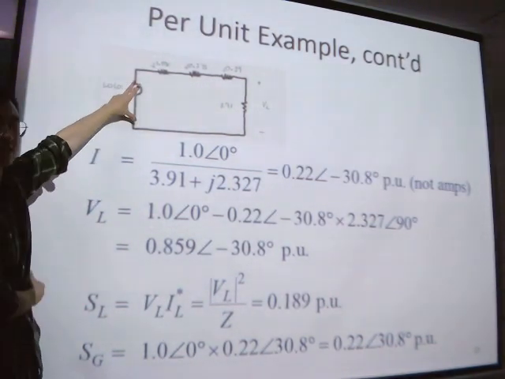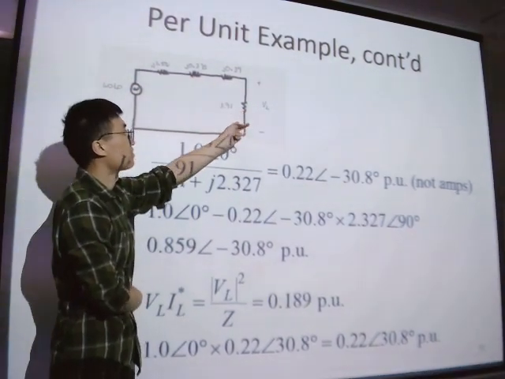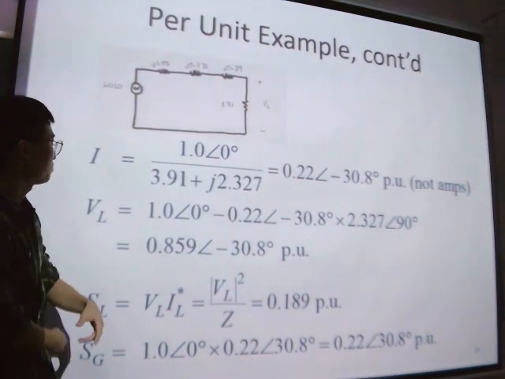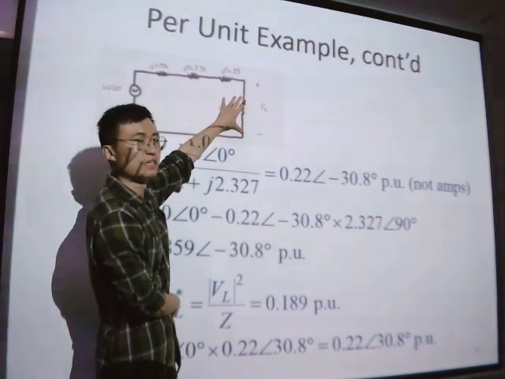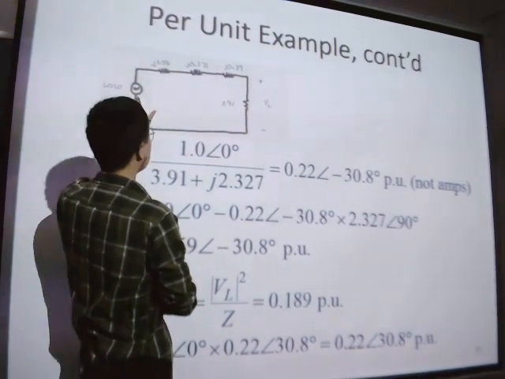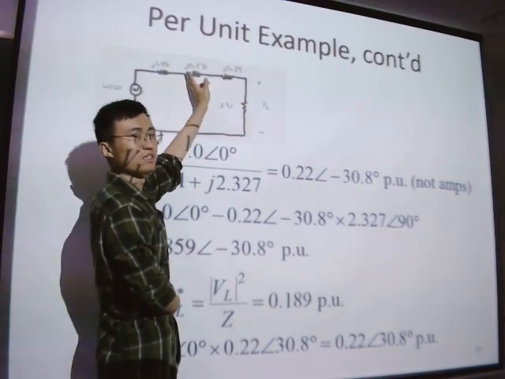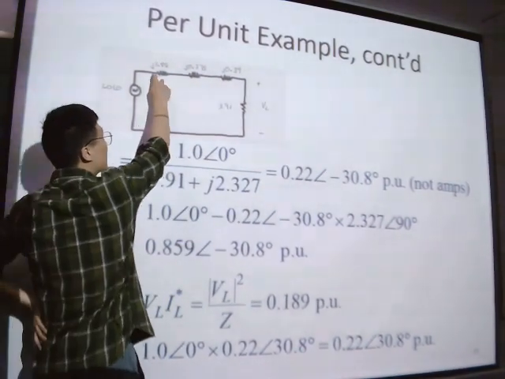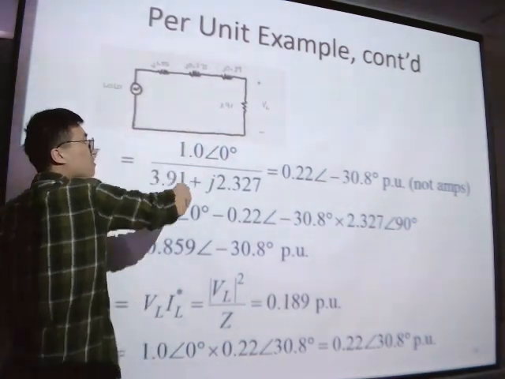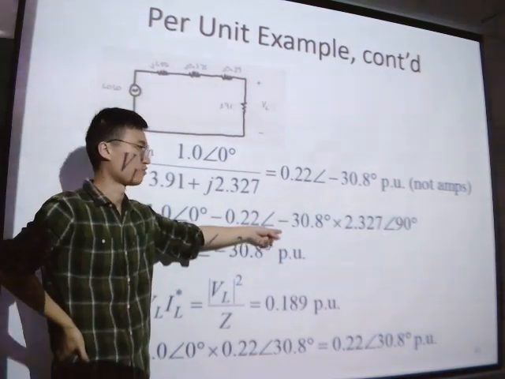The voltage is the source, so this is the same voltage as the voltage source. The voltage here is the source voltage minus the voltage in this resistor, right? The current through this component is the same current, right?